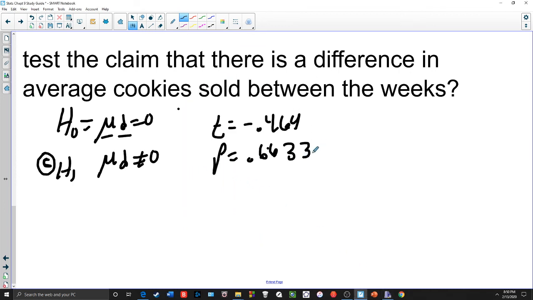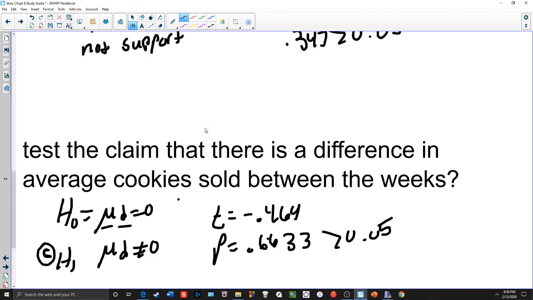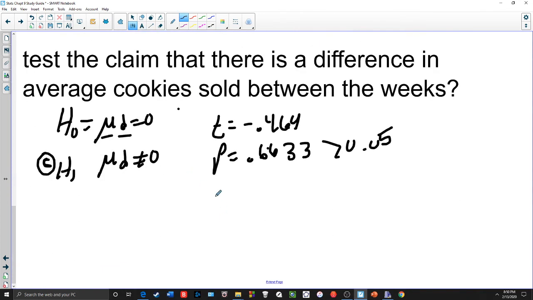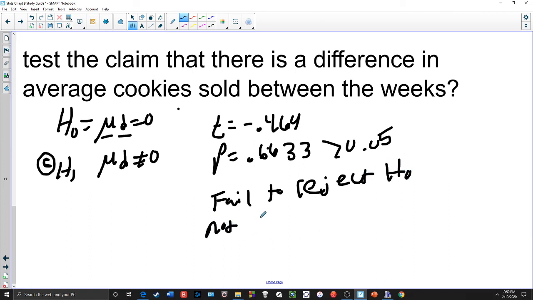And so once again, our p-value is definitely bigger than 0.05, so we would fail to reject H0 in this case as well, which in this case would not support the claim.